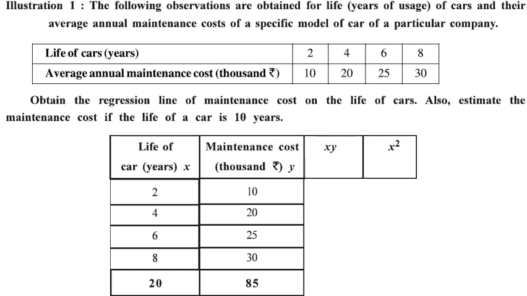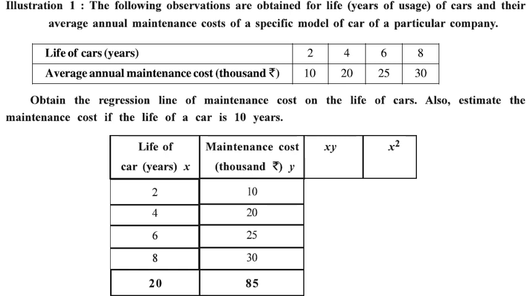So the Y square, or Y minus Y bar square, or the V square columns are not necessary. So we will make one column less, and that column will be the Y square column. We only need the XY and X square columns.